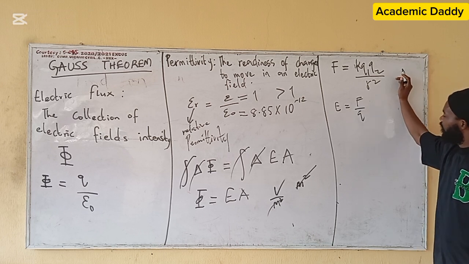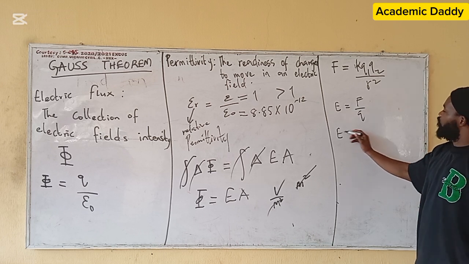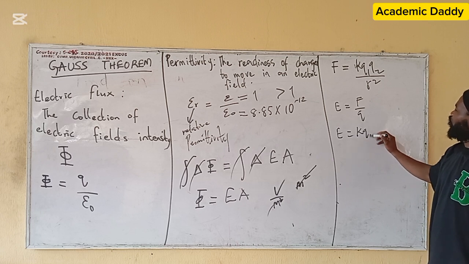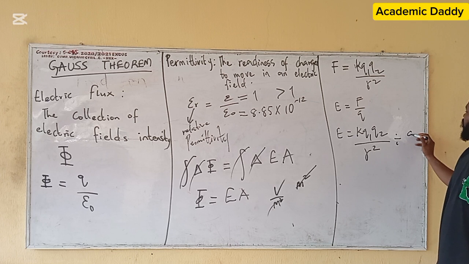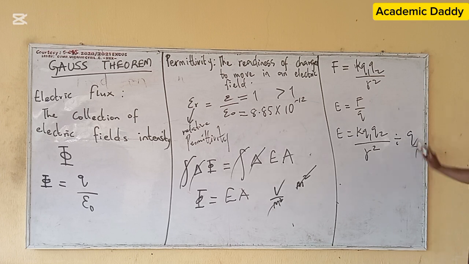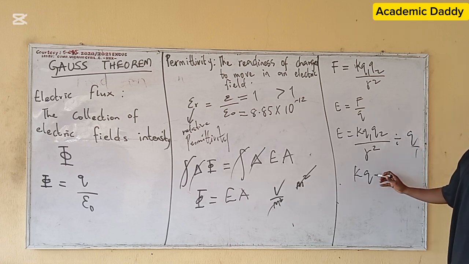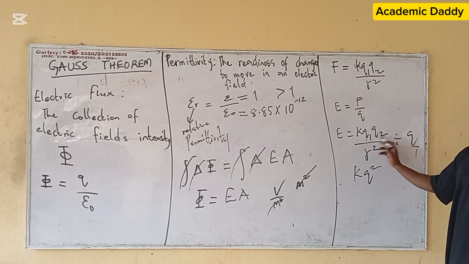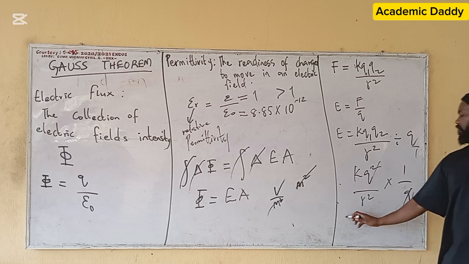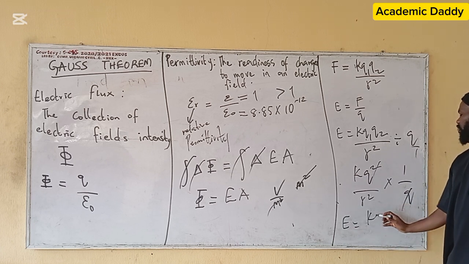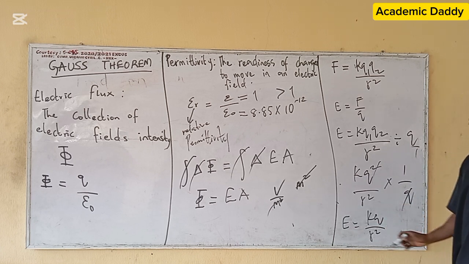So if I have force over charge, E should be equal to KQ1 Q2 all over R squared divided by Q. Which means that by the time you turn it over, this is KQ squared, all over R squared times 1 over Q. This should take care of this. So E is equal to KQ over R squared. We are correct. We should be correct.